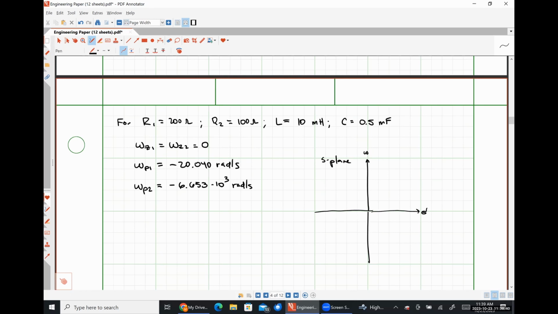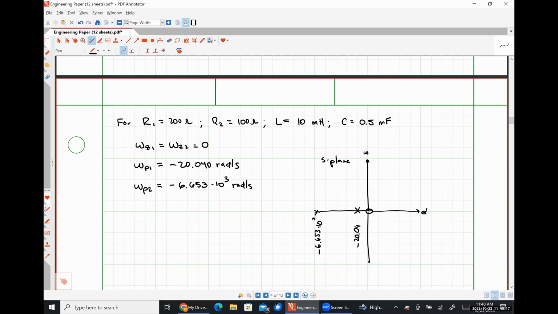In this particular case, we would have 2 zeros at our origin. I identify a zero by putting a circle there. Then I'm going to have a pole, which we indicate with an X, at negative 20.04. And then another pole way out here at negative 6.653 times 10 to the 3.